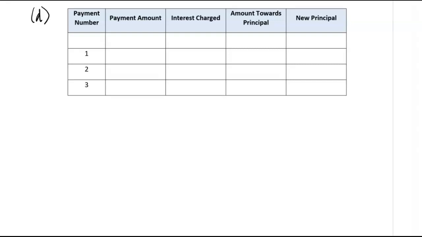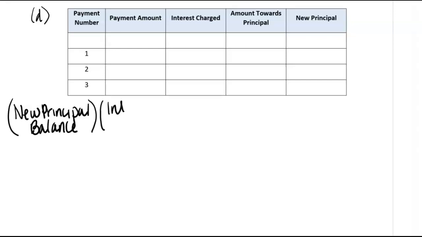In order to find the interest charge, we take the previous principal balance and multiply that by the interest rate times 1/12 to represent 1 month's interest out of a year. And this equation will give us the interest charged.